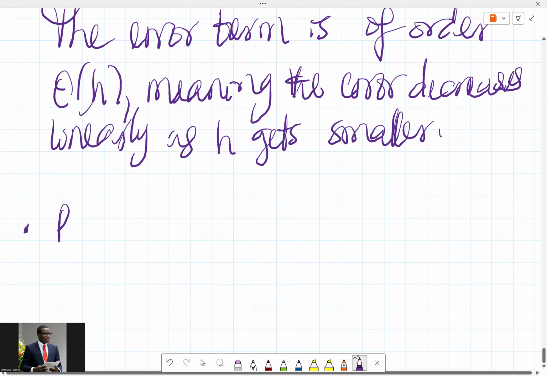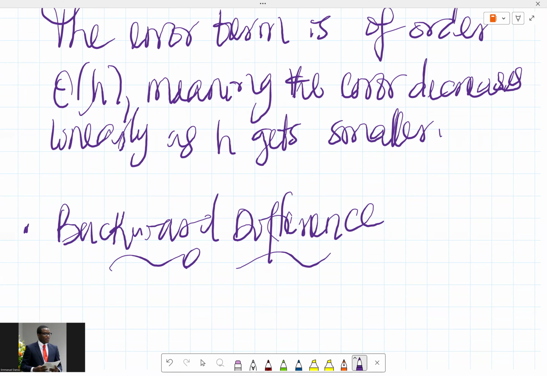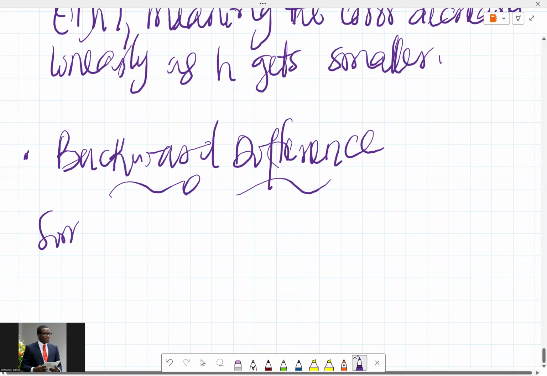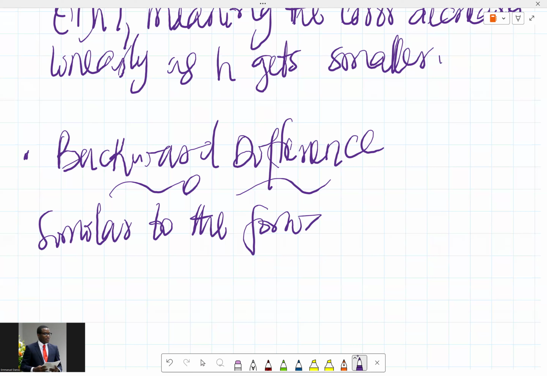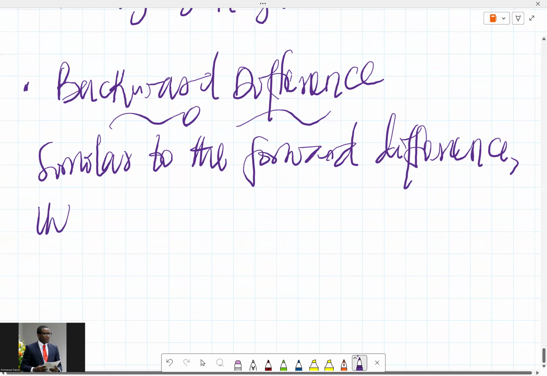Next, for backward difference, similar to the forward difference, the error is also big O of h.